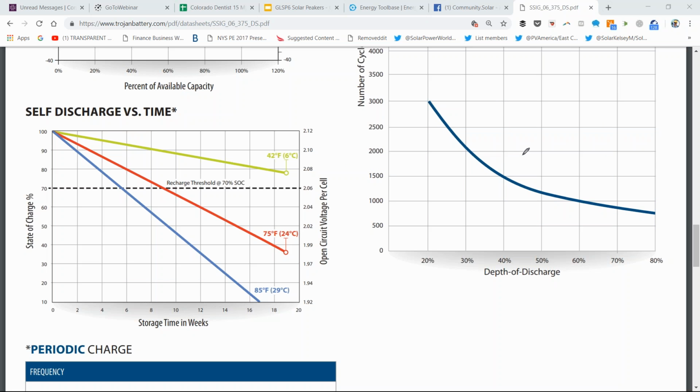So what I'm saying is, in the lead acid arena, we had to have these kinds of charts because there's a definitive range on when you get more into this inelastic region, you start getting less life out of the battery.